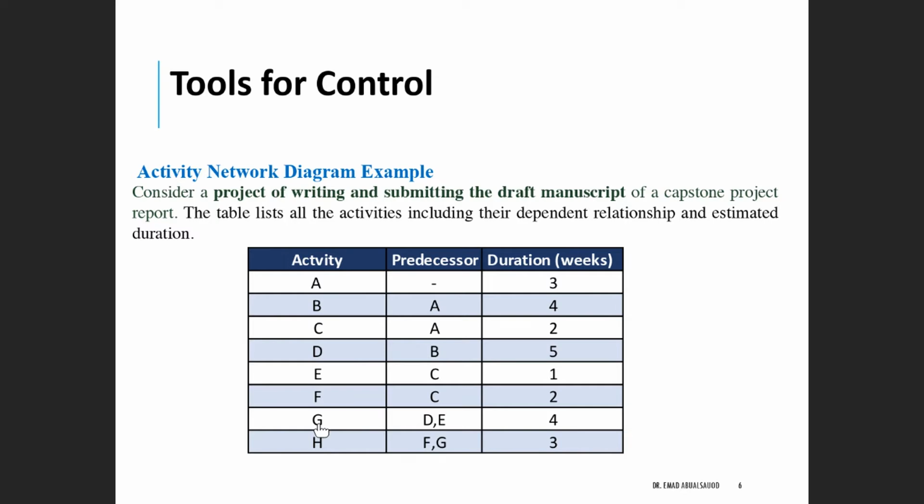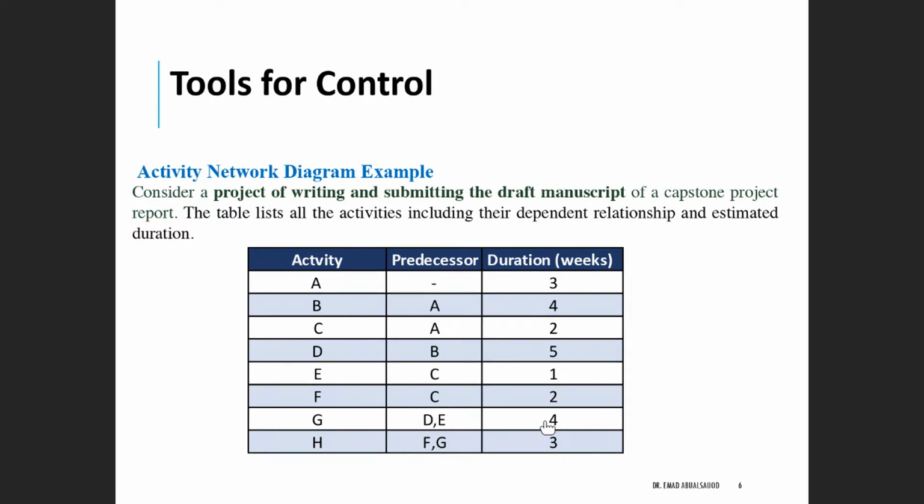So you can consider activity G is IE 203, and statistics is D, and engineering design is E as predecessors. Those have to be completed. You cannot proceed and start with G if you have not finished them.